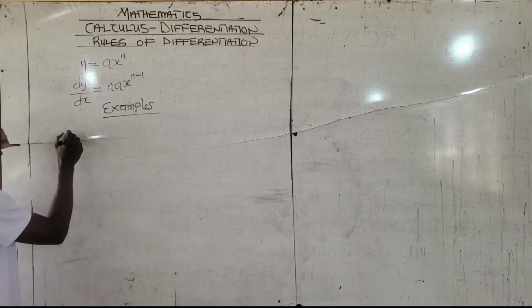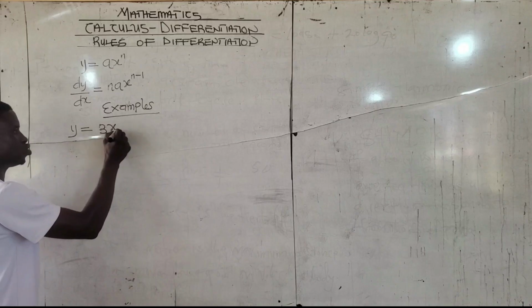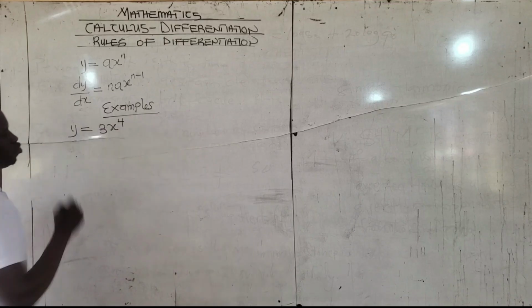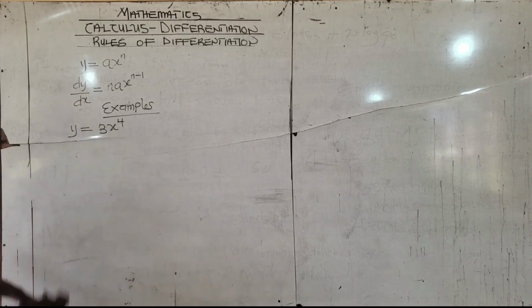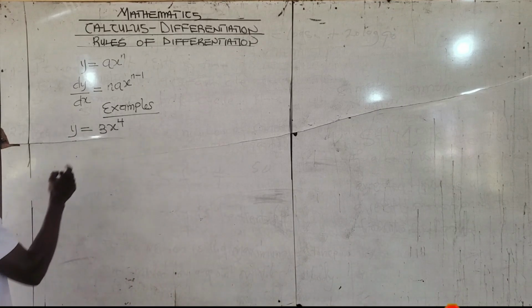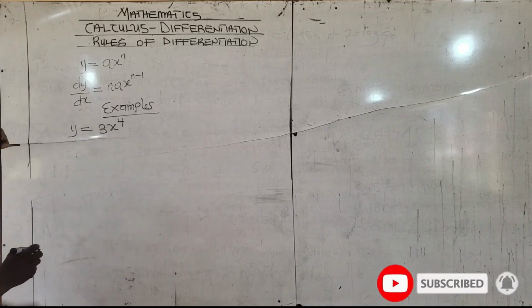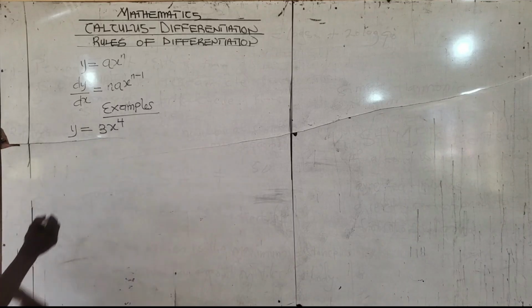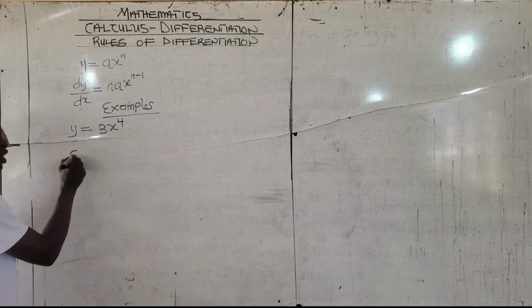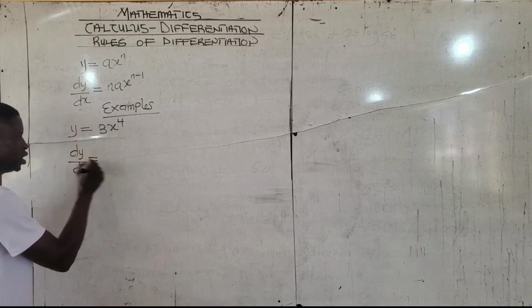So if I'm having an equation of the form y equals 3x to the power 4, and you are asked to differentiate this expression, dy over dx.